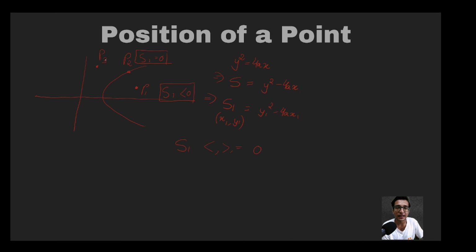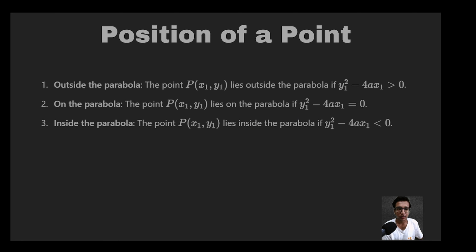And if the point is lying outside, then S1 would be greater than 0. Again, not a very new concept. We had studied this in circles as well. So just a reminder, the same thing has been mentioned here. You can look at it: y1² - 4ax1 we refer to as S1, where S = y² - 4ax.